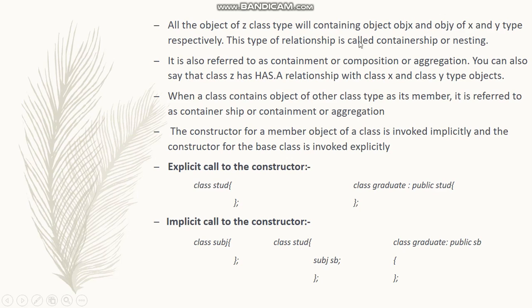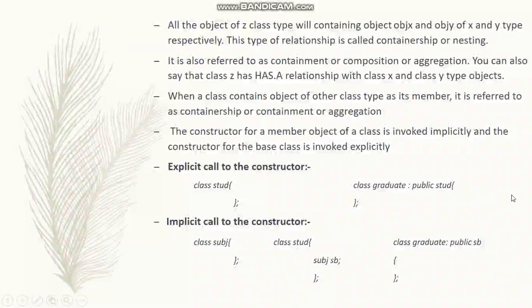This type of relation is known as containership or nesting. It is also referred to as containment or composition or aggregation. You can also say that Z has a relation with class X and Y type objects.